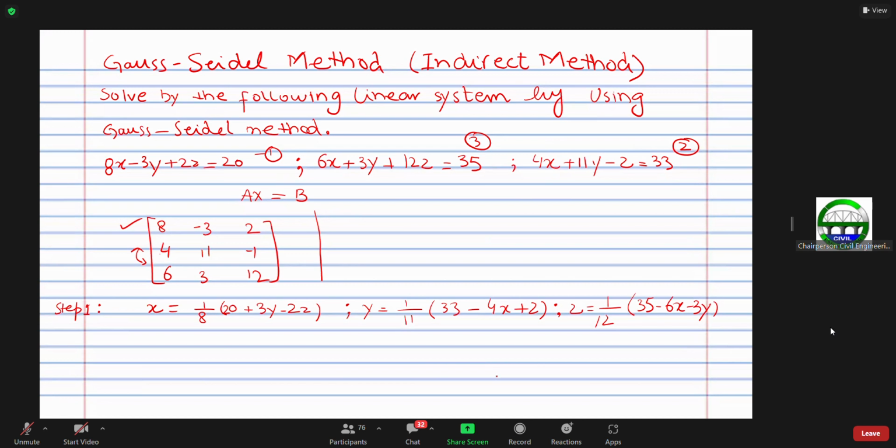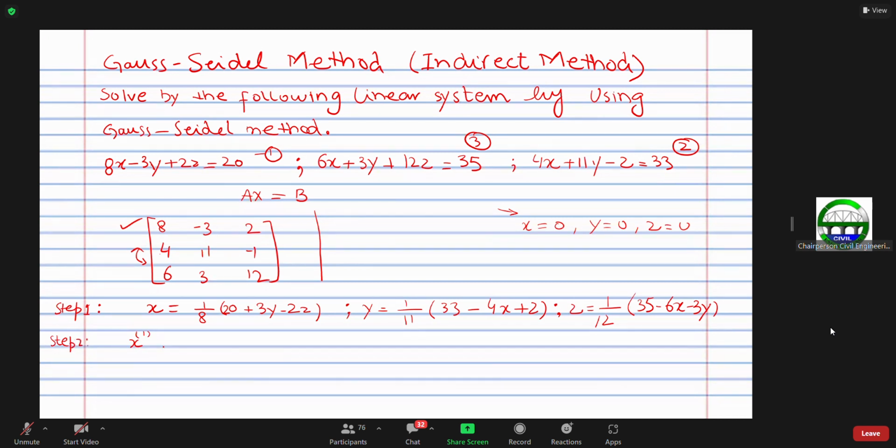I put the values in here. And in here, the only difference is, like in the previous method, we give the value of x is equal to 0, y is equal to 0, and z is equal to 0. We start with these initial values. Okay, so same thing, we will start with this one. So in here I will say my x1 in the first iteration, this is step 2.